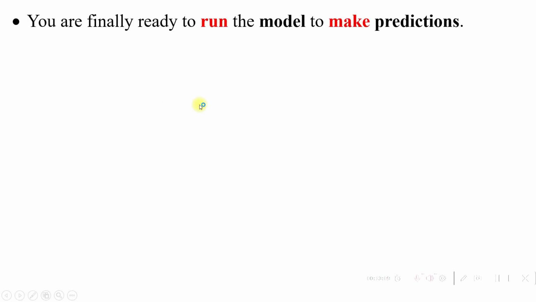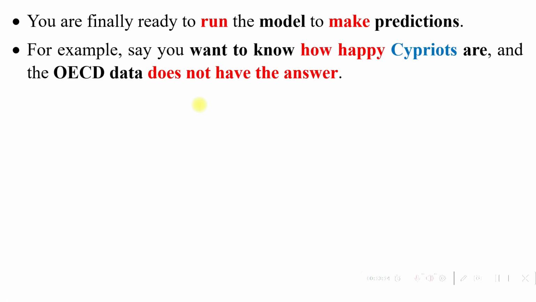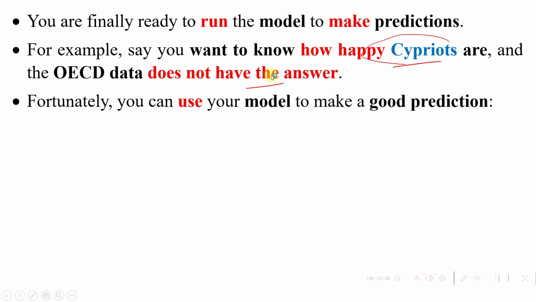We are finally ready to run the model to make a prediction. For example, you want to know how happy Cypriots are, and the OECD data does not have the answer. Our aim is to find how happy the Cypriots are, and to give that answer, your model is going to predict the corresponding life satisfaction.